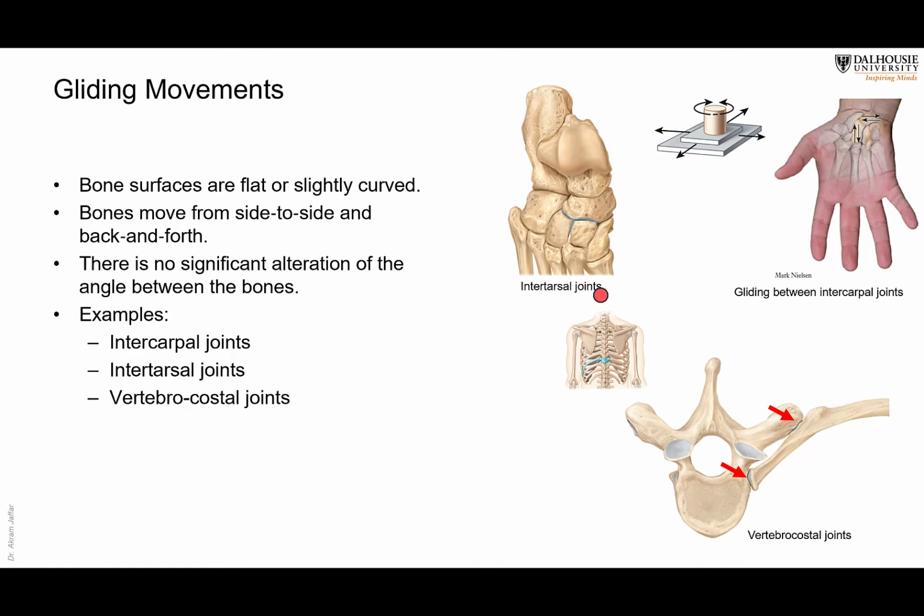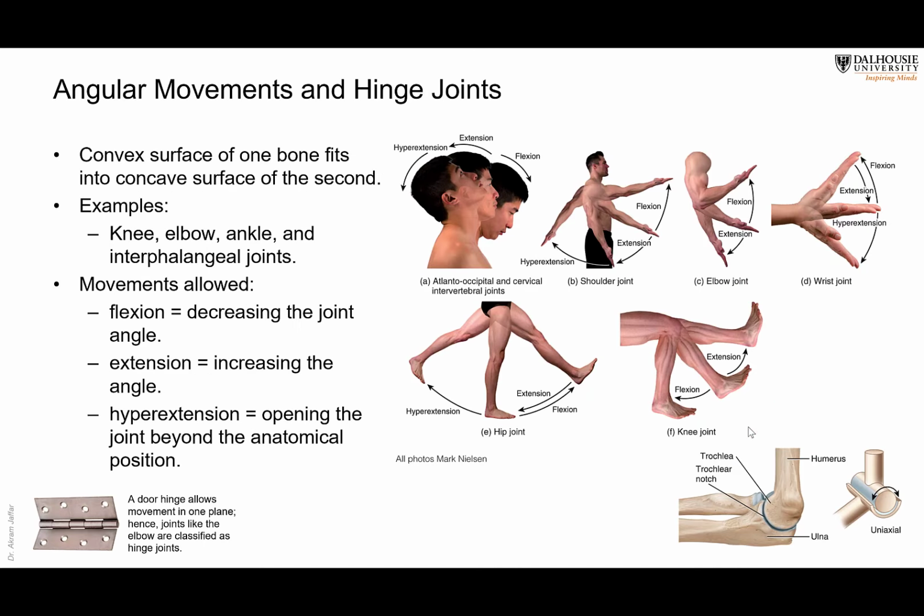Remember these joints when we studied between the ribs and the vertebrae, what we call vertebrocostal joints, head of the rib and the body of the vertebra, tubercle of a rib and the transverse process of vertebra. So these are a kind of gliding movements that take place in the joint.